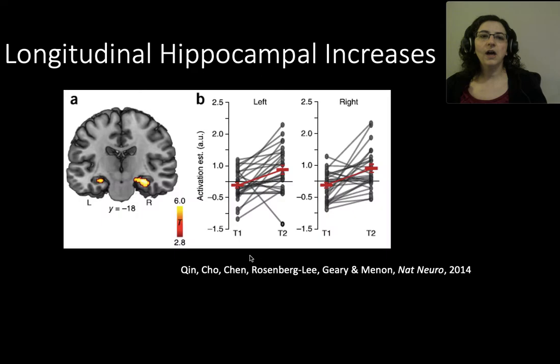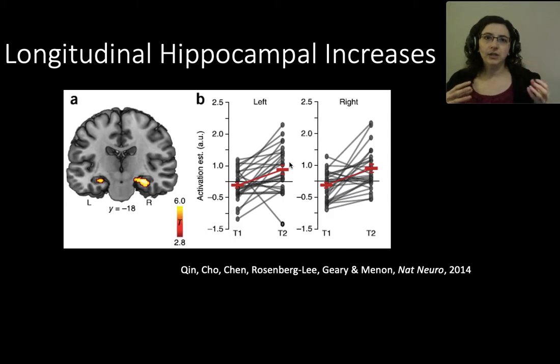Well, we looked over the entire brain, with the brain now cut through like this, and saw that this hippocampus area is more active at time 2 than at time 1. You can see here each individual person and then the average, and almost everyone is showing an increase. So this is really good evidence that as children get better at retrieving, they're also using the hippocampus.